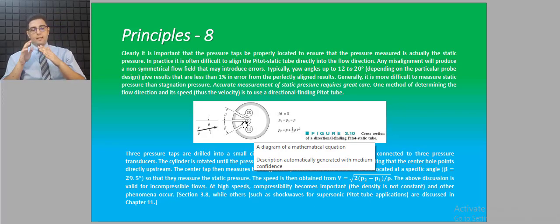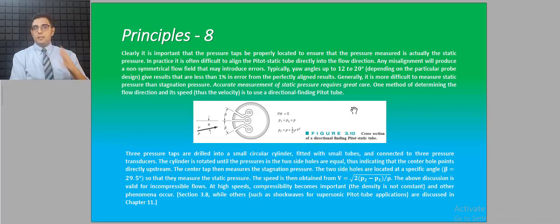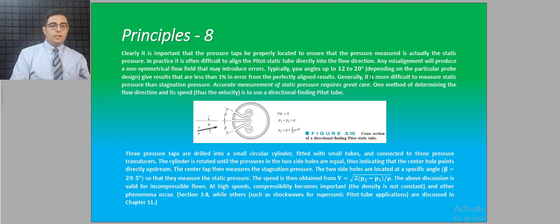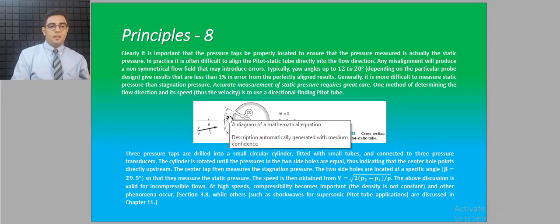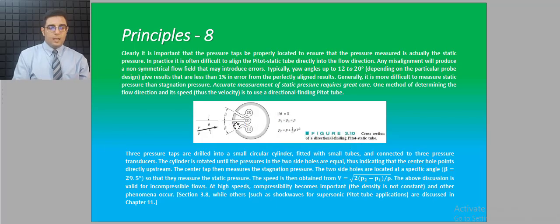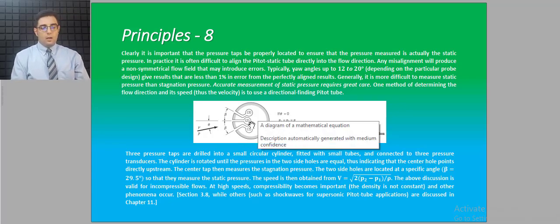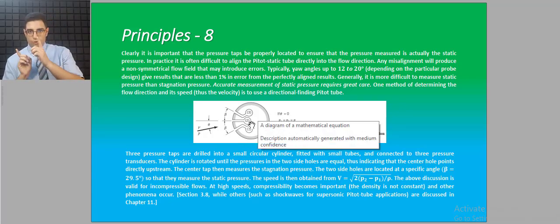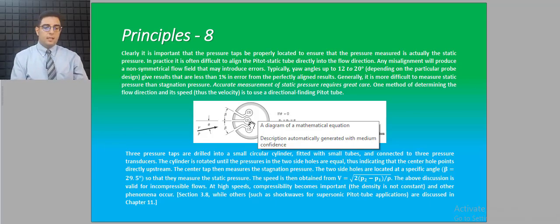Most likely, the reading is valid along the yaw direction at angles up to 12 to 20 degrees. Depending on the design, the errors are less than 1%. The detail of this design about the pitot static tube has beta as 21.5, which is the best situation for calculating stagnation pressure from the static pressure.